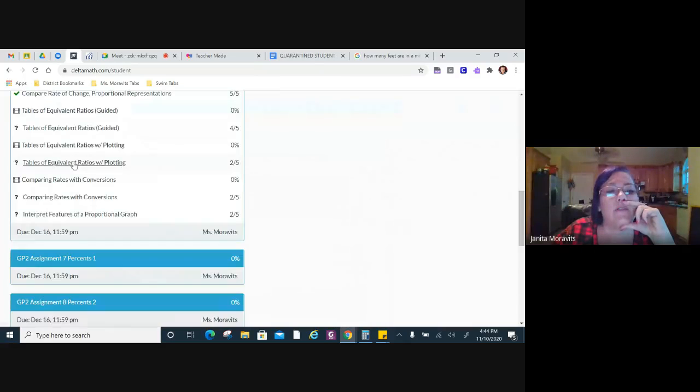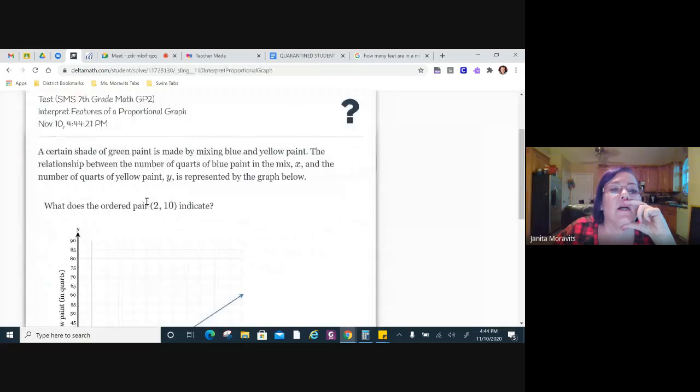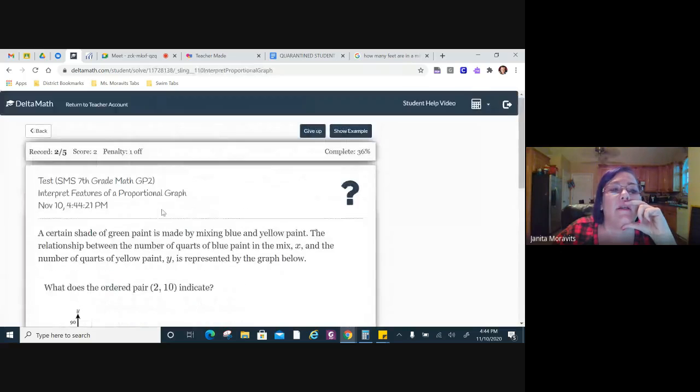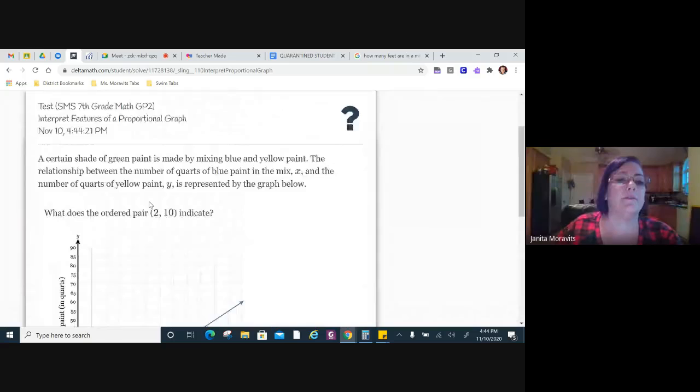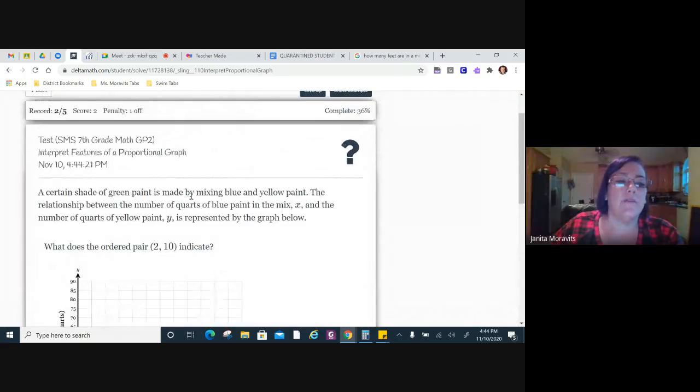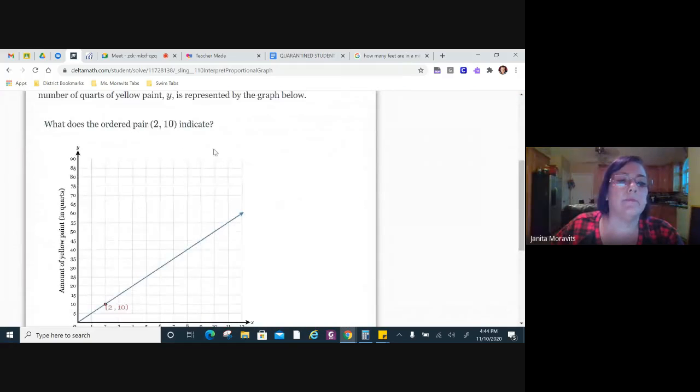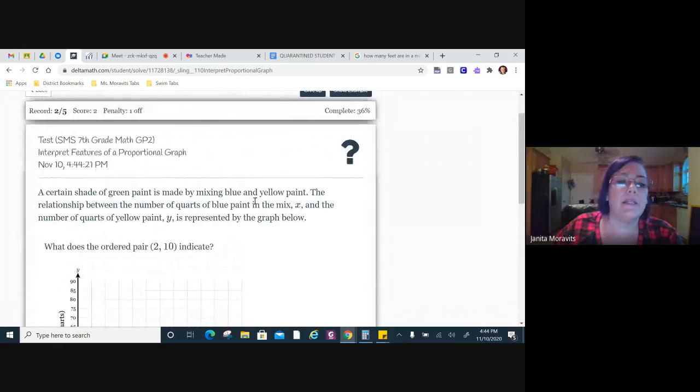All right, that was rates with conversions. Interpret features of a proportional graph. We're going to look at that section now. These are going to be where you're just using this graph to kind of answer questions. It says a certain shade of green paint is made by mixing blue and yellow paint. Blue and yellow make green.